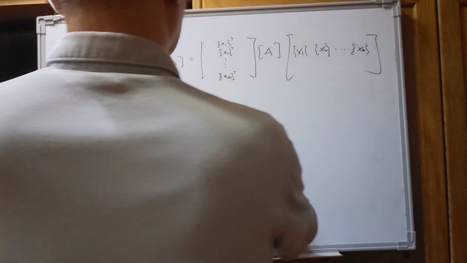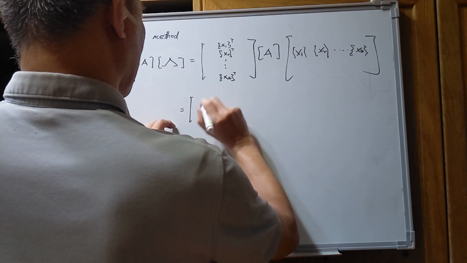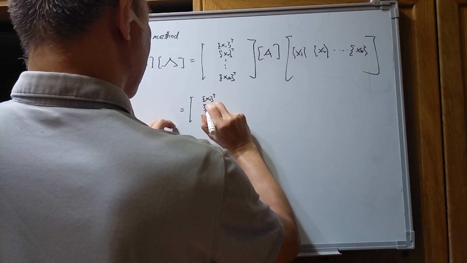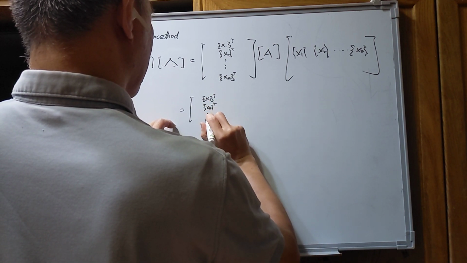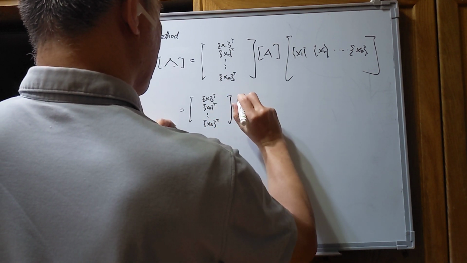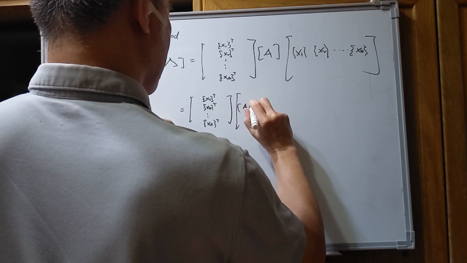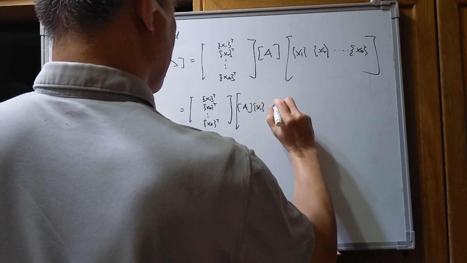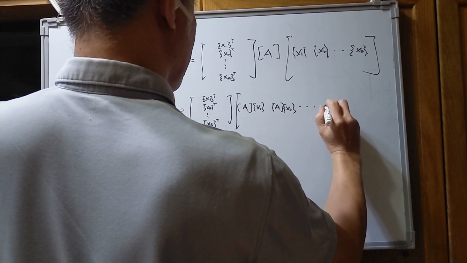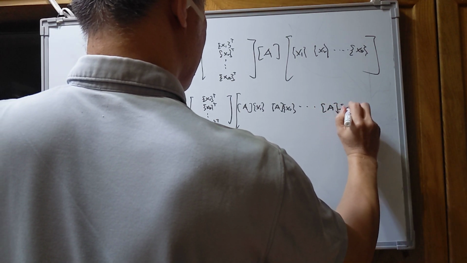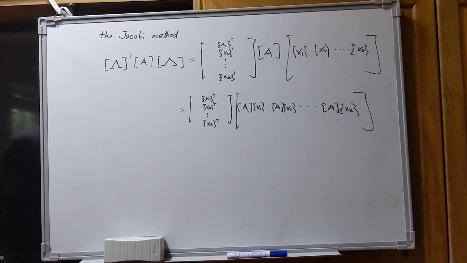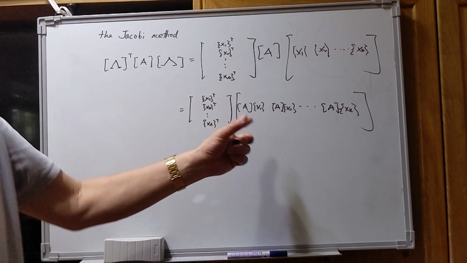And if we multiply this together, we can multiply the A and the lambda matrix first.